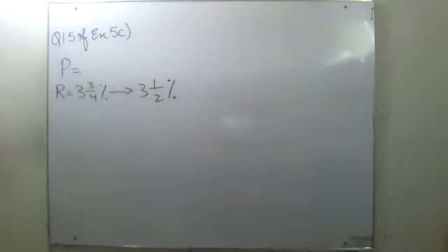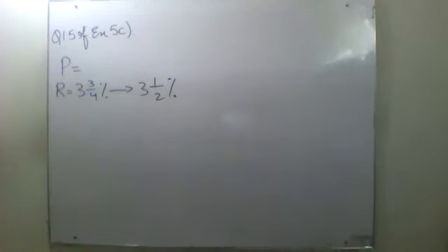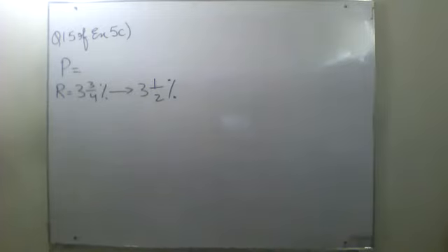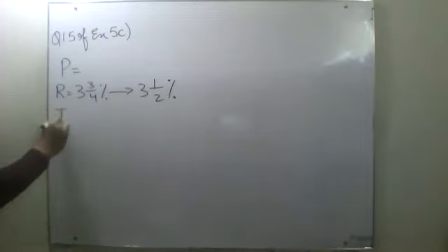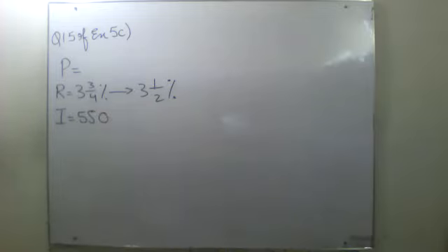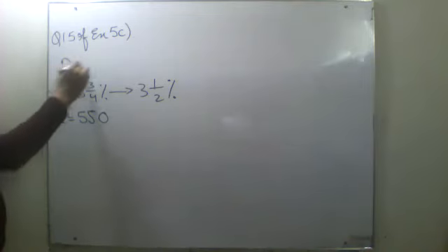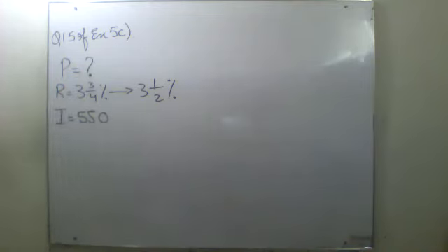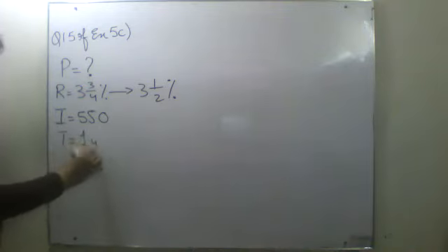This is the decrease they are giving us, and due to this the interest is decreased by $550. They are saying to find the deposited amount. I have to find this. And time is given as 1 year, because they are using the phrase "in a year".